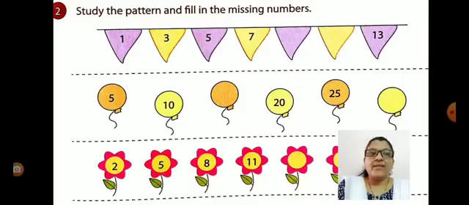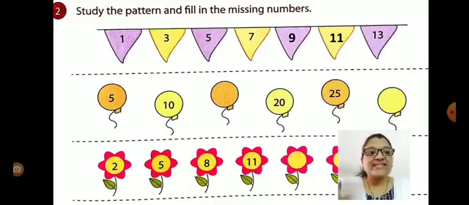Children, if we look at the pattern of the numbers in this, we see the pattern rule applied is add 2. Right? So after 7, which number will come? 7 plus 2, 9. Correct. Then next number will be 9 plus 2, 11. Correct. And number 13 is already given.